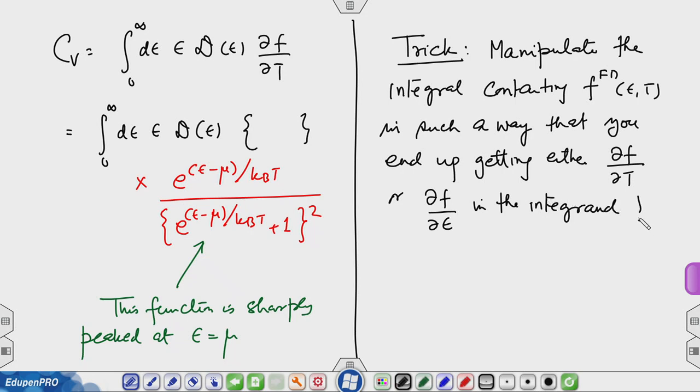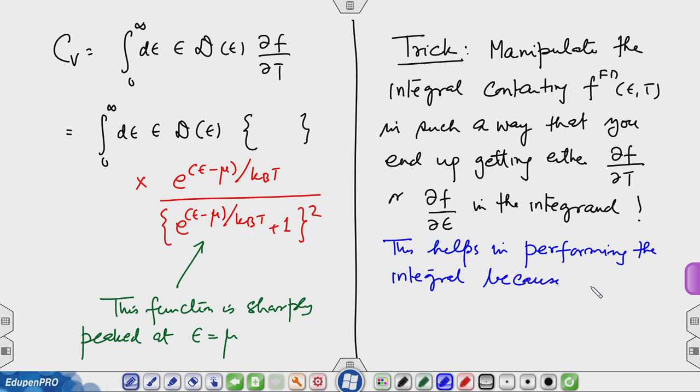This you can do either by integration by parts or something, and once you do that, it helps in performing the integral, because df/dt or df/dE is proportional to a Dirac delta function at epsilon F, or you can say a Dirac delta function at mu.